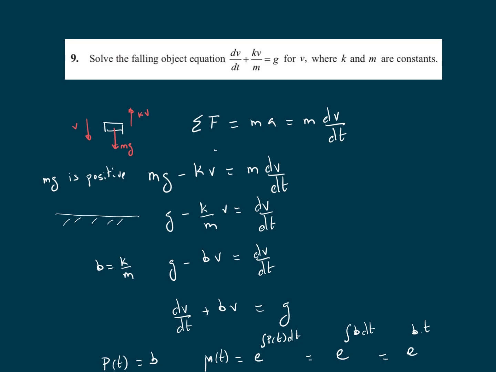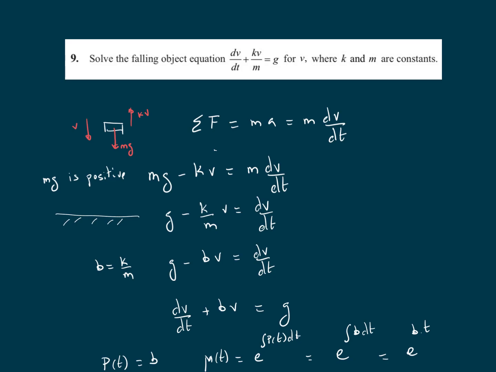And acceleration is the change in velocity per unit of time. So what are the forces? Positive force, mg going downwards. Negative force, the friction force, kv going upwards. Upwards is negative in this model that we are developing.